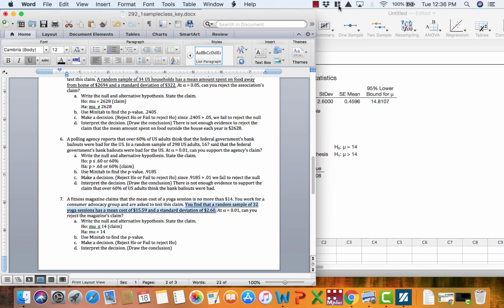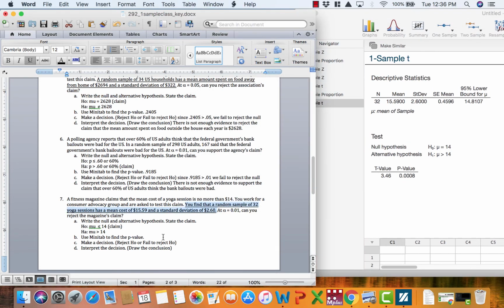And notice that we get a p-value of 0.0008. Since 0.0008 is clearly less than 0.01, we reject the null hypothesis.